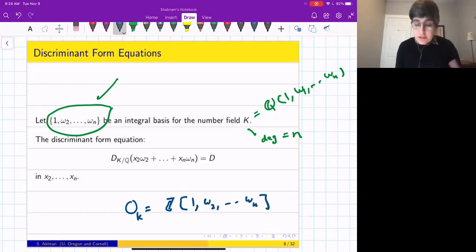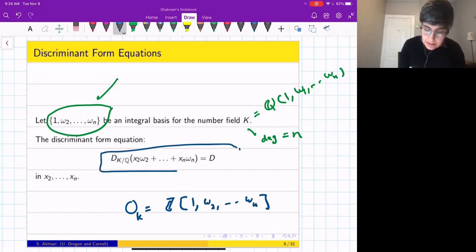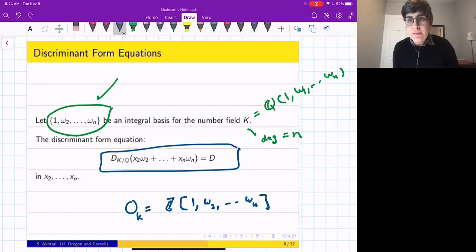And that is very fundamental in defining a form that we call the discriminant form. What we do is, again, we think of every algebraic integer as a generic algebraic integer. So if my basis was 1, omega 2 to omega n, then I just imagine x1, x2 to xn as coefficients, so that whatever I put there gives me an algebraic integer. Now let's write the discriminant of that.